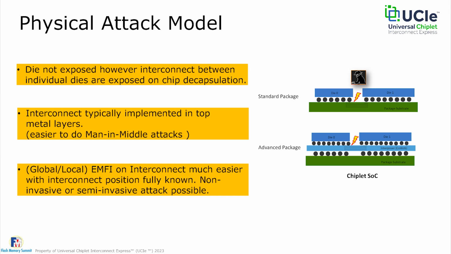So with that knowledge, it's significantly easier to do EMFI type attack vectors, to steal or to do invasive or non-invasive attacks, right? Those are possible only because we have standardized the bump locations and things like that. We have to now guard against that.